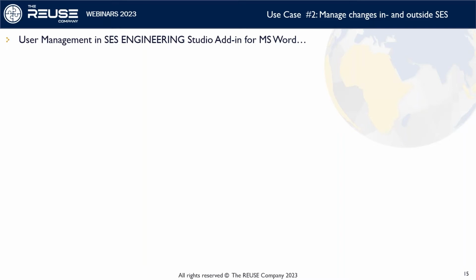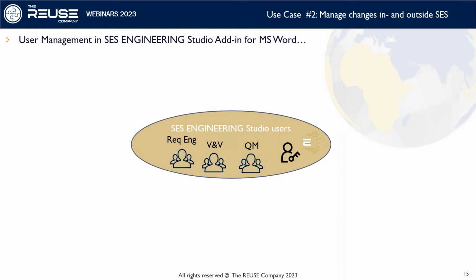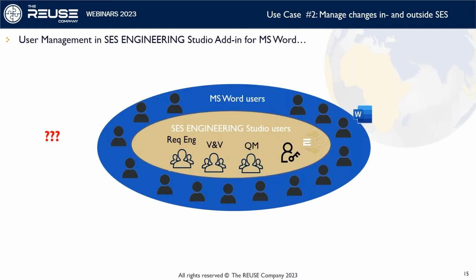So the good thing is we are giving requirements management capabilities in a very simple tool, but we also have to mitigate the fact that, of course, you have a user environment that is clearly defined within SES Engineering Studio, but what about people working in Word without entering SES Engineering Studio? So we can have many more users involved that don't have any SES Engineering Studio license or user, and what do we do about that?